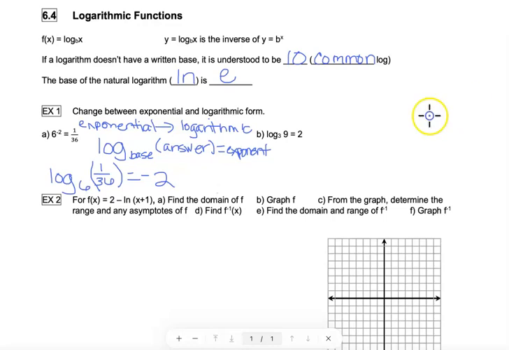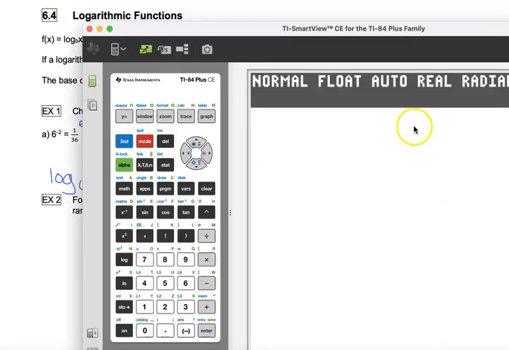We can check that out in our calculator as well. So let me show you how to do that. So this is my home screen of my emulator here.